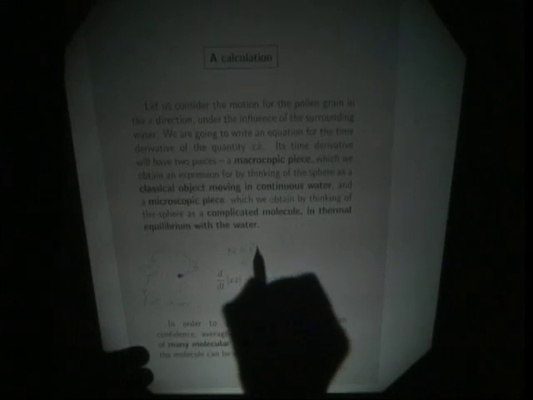Okay, so what he did was he wrote a differential equation with two terms. We're going to call them the microscopic term and the macroscopic term. The point is that the first term, the microscopic term, is just equal to x dot squared, the square of the time derivative of the position of the pollen speck.